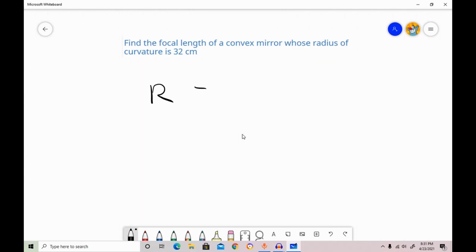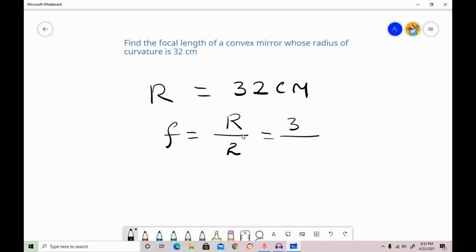R is given, 32 centimeter, and you have to find the focal length. What is the focal length formula? f equals R divided by 2. 32 divided by 2 is equal to 16 centimeter. So this is your very simple answer.